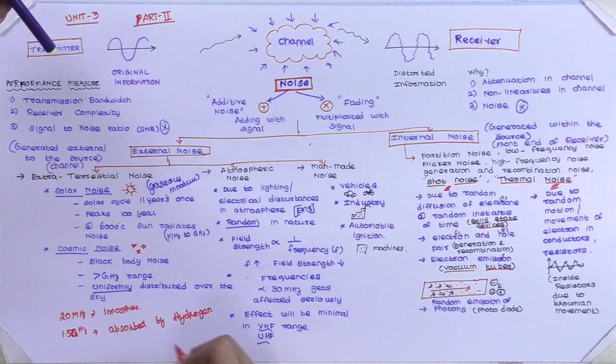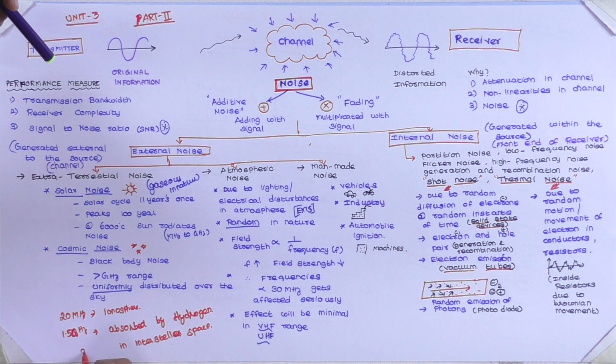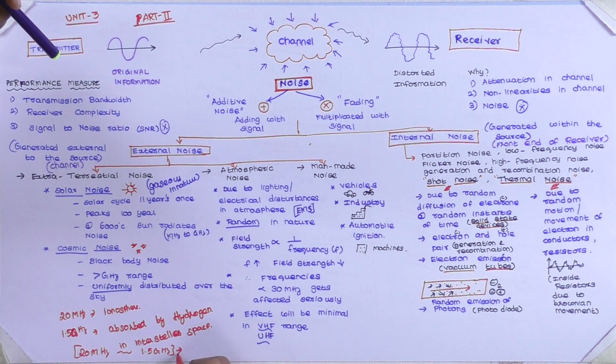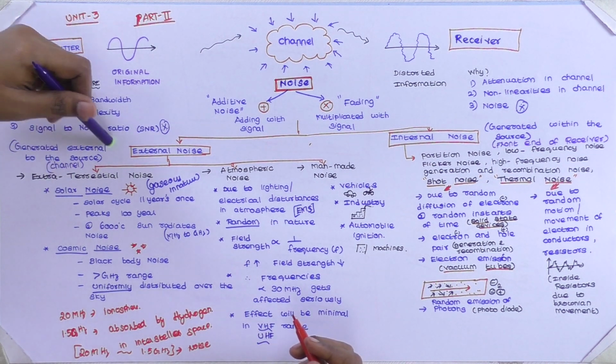Therefore the frequency range from 20 megahertz to 1.5 gigahertz is affected, mainly by this solar noise.